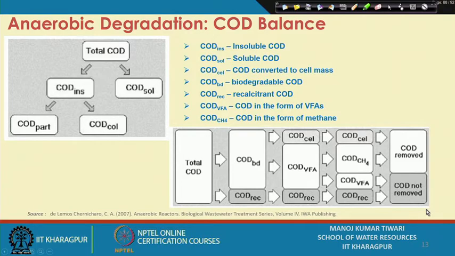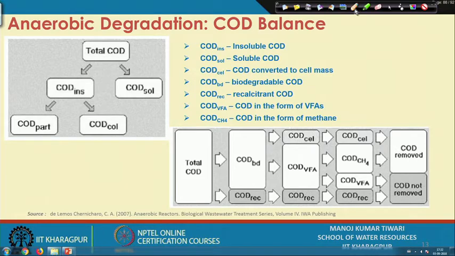Now, let us have a look at what happens to the COD which is coming into the anaerobic reactor, the mass balance of COD. Okay, one more point before we discuss. While discussing the activated sludge process or aerobic process in the previous week, when we were discussing organic matter, we more frequently used the term BOD.